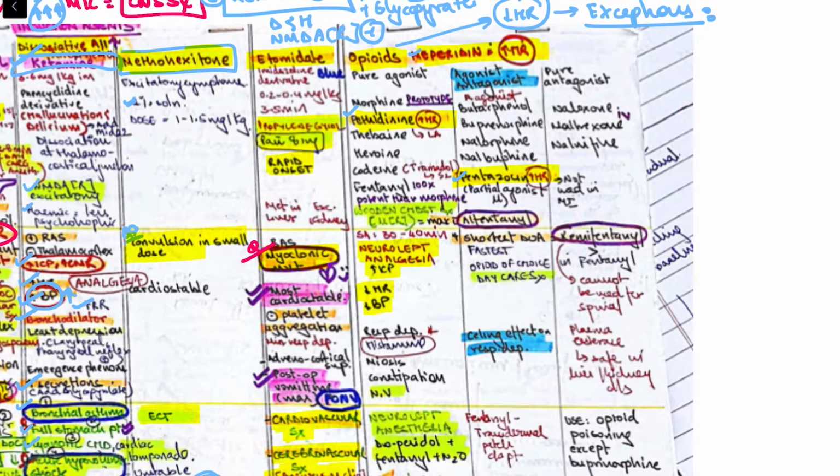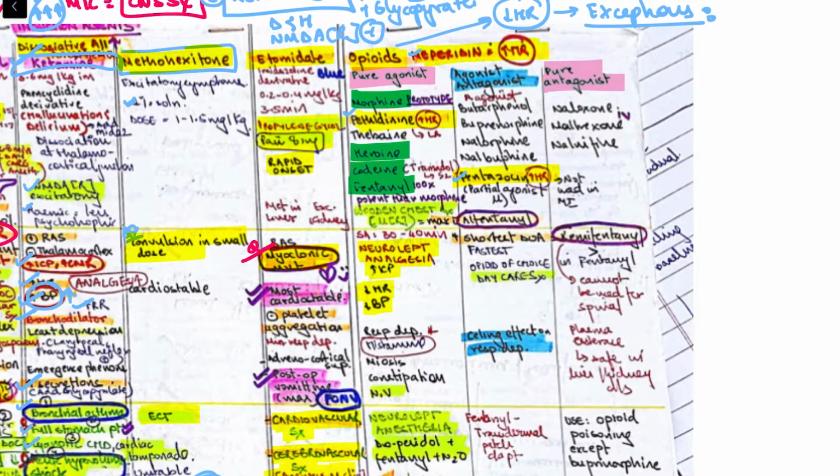Okay, so now let us classify them, because opioid classification is very important. Read this from pharma. Opioids can be pure agonist, agonist antagonist and pure antagonist. Pure agonist examples are morphine, which is the prototype, and pethidine, right? And then some derivatives like heroin, codeine.